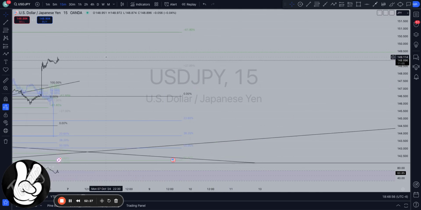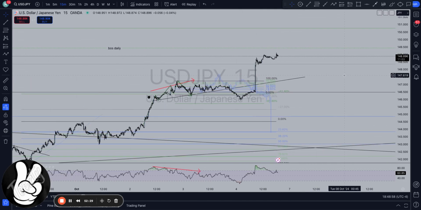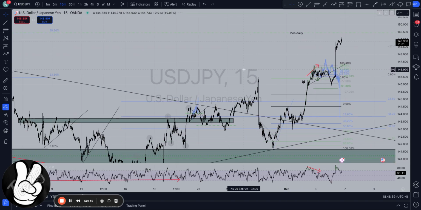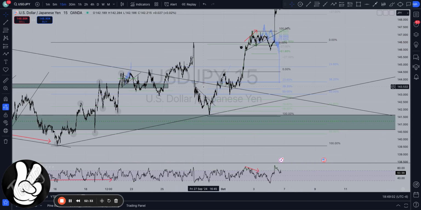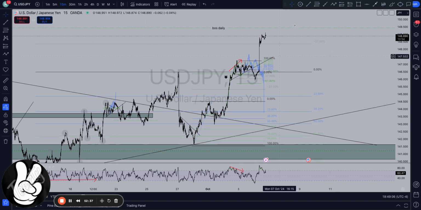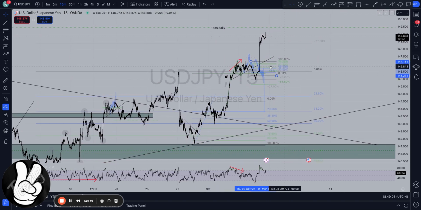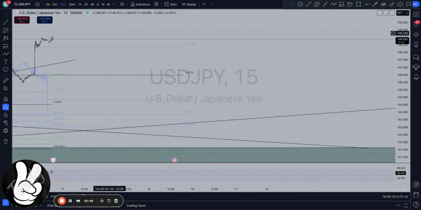Let me see. We had this impulse, correction, continuation, and then we had this impulse. Let me delete this because it's played out. Right now, this is diverging.